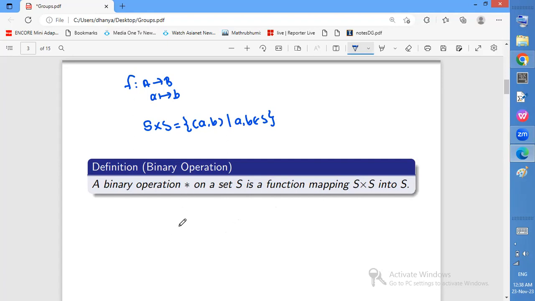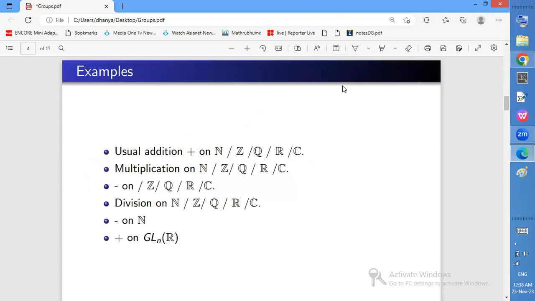So let us see some examples. We may start with the simple examples. Let us consider the set N, the set of all natural numbers, and I am considering the operation addition.